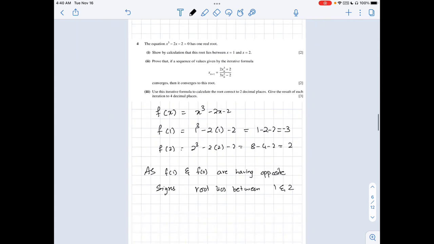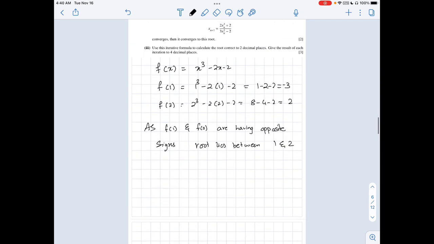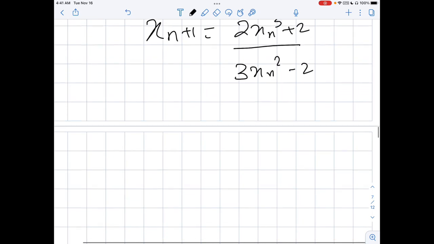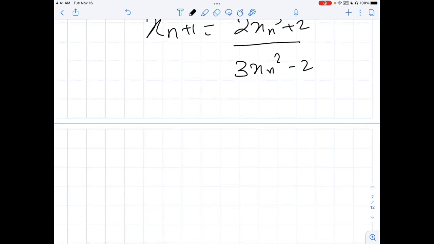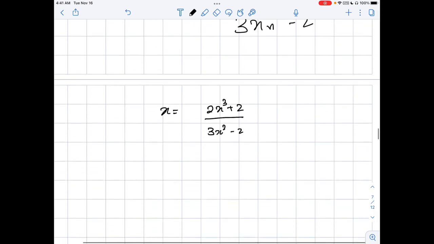x n plus 1 equal to 2xn cube plus 2 upon 3xn square minus 2. Remove all those subscripts, just write x equal to 2x cube plus 2 upon 3x square minus 2. Then do the cross multiplication.